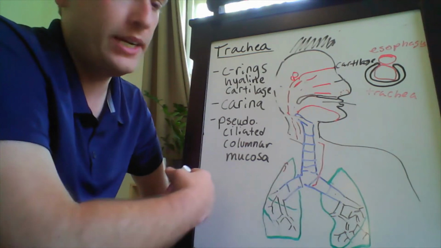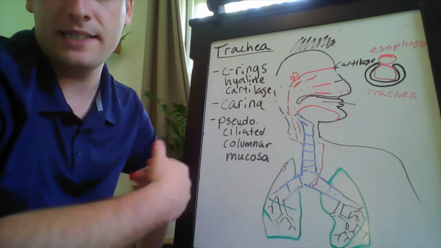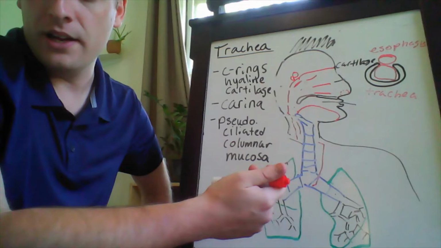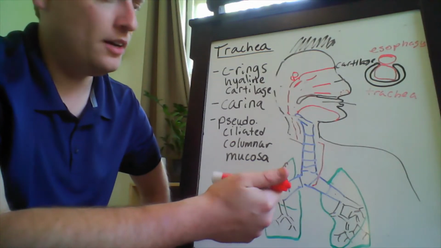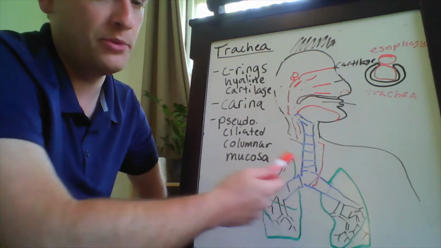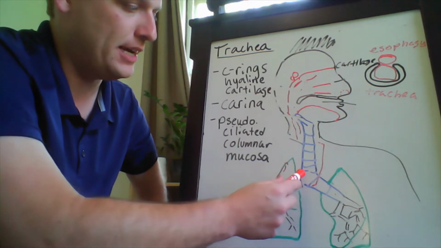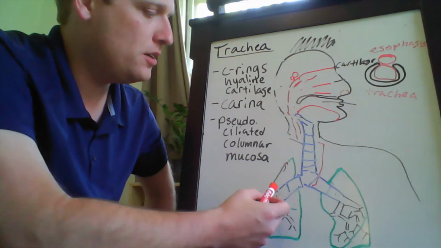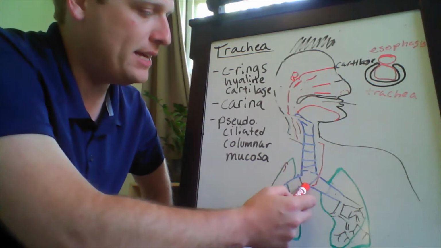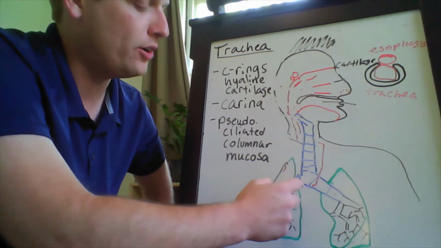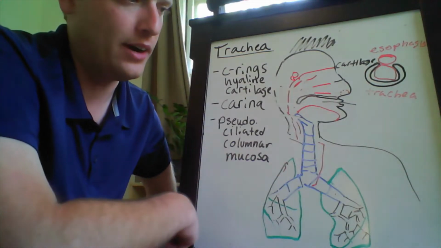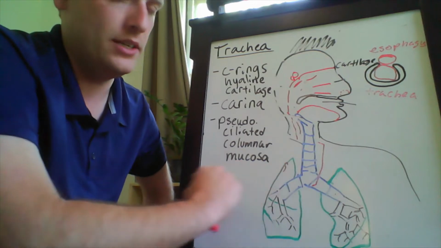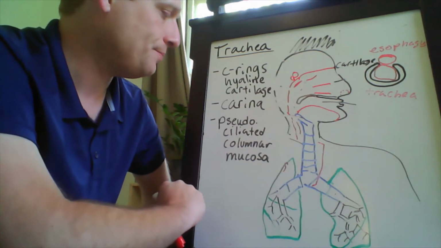The carina also is going to contain receptors that are going to respond to certain dust, debris, allergens being trapped in this area and initiate a really violent cough reflex. So the carina is kind of the base of the trachea, again, where you're going to split into the left and right primary bronchi and further get down into the bronchial tree.